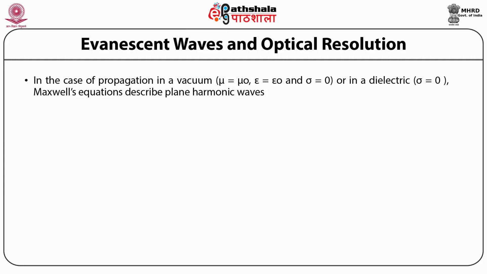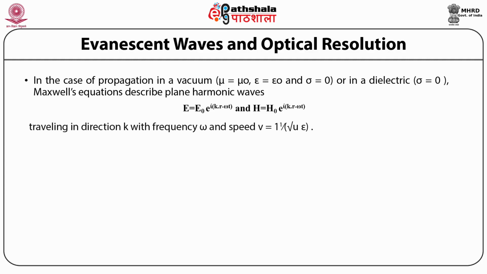So Maxwell's equations describe plane harmonic waves by the equations E = E0 e^(i(k·r − ωt)) and H = H0 e^(i(k·r − ωt)), which are traveling in direction k with frequency omega, and speed v equal to 1 divided by the square root of mu epsilon.